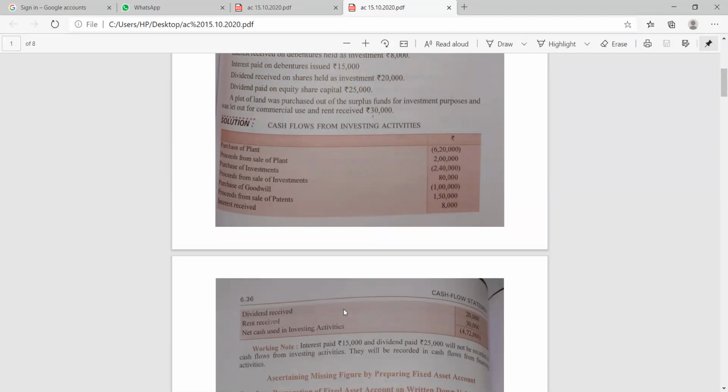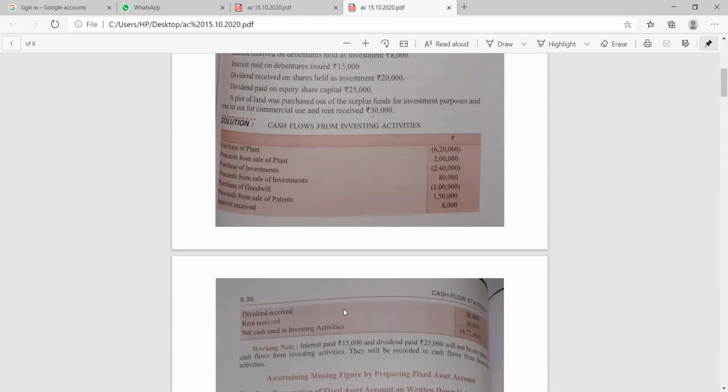By adding and subtracting all these items, finally we will get the net cash used in investing activity. In this way, we can calculate the cash flows from investing activities. See, mark one point, the dividend paid and interest paid is also given to us.